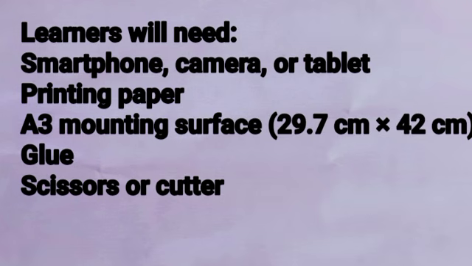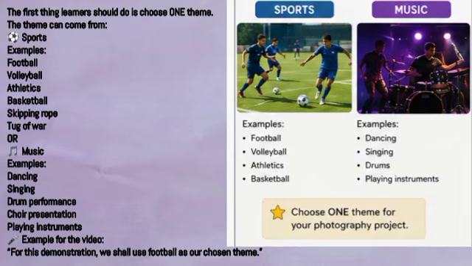Now, step 1 is about selecting a theme. The first thing learners should do is choose one theme from the ones they have been given. The theme can come from sports, for example football, volleyball, athletics, basketball, skipping rope, tug of war.